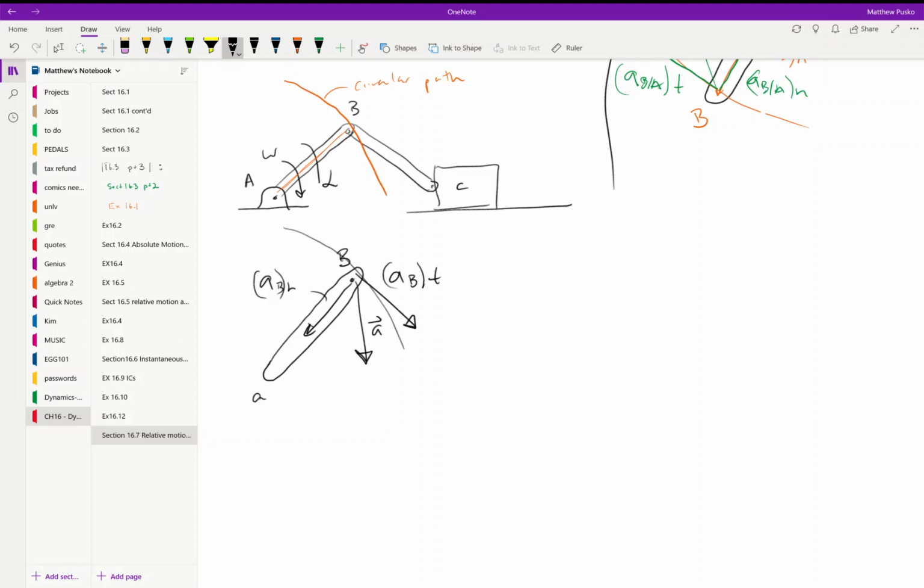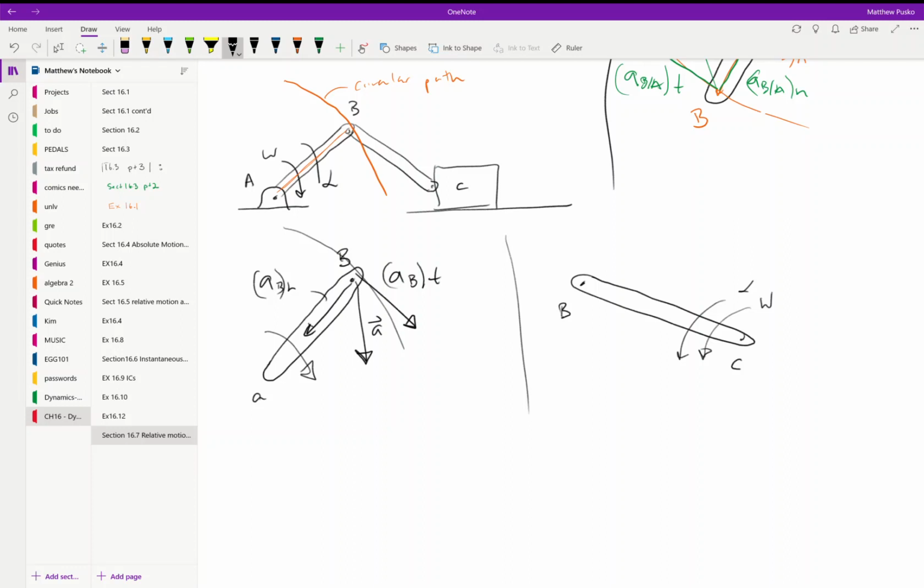What about BC? Alright, so if AB was going like this, this one's going to be doing the opposite. Alpha and omega are going to be counterclockwise in this case.